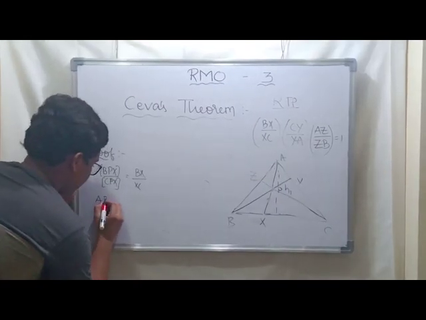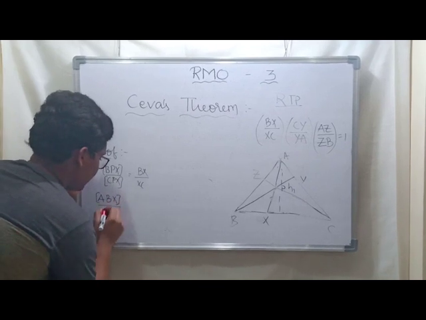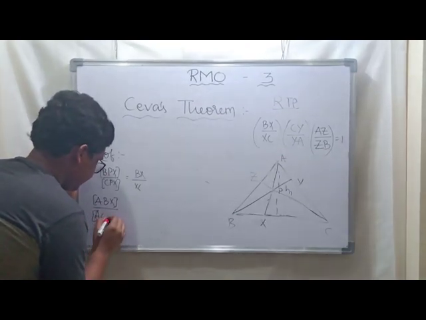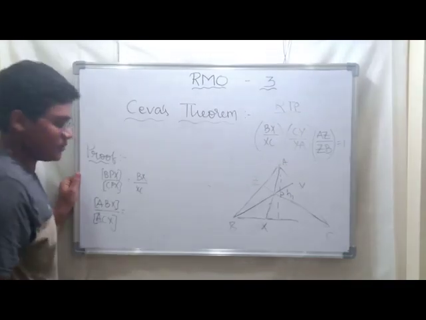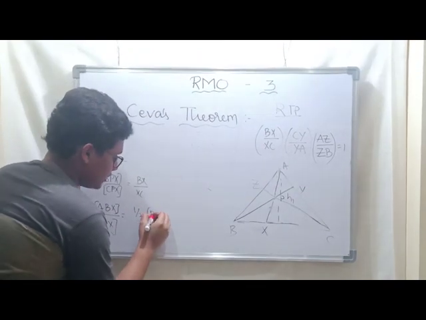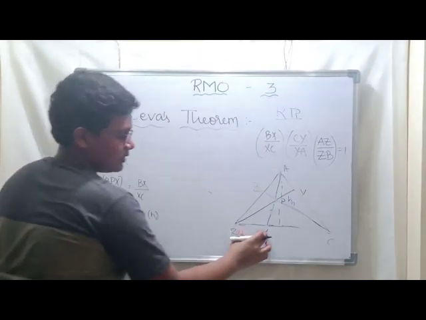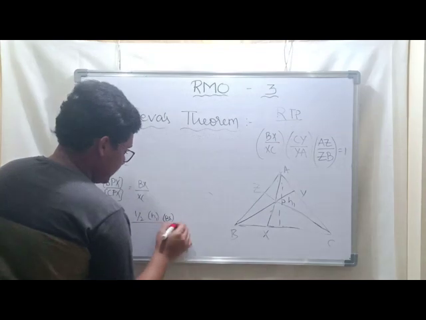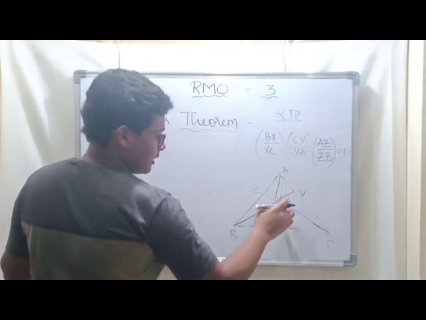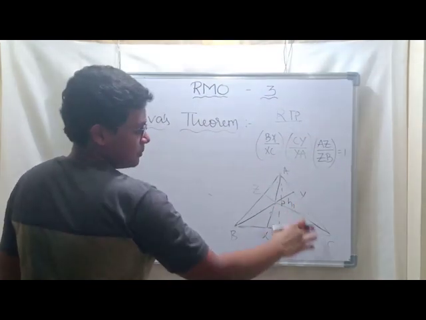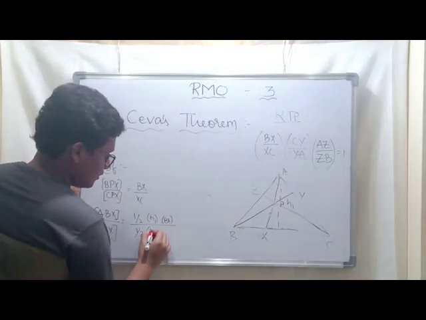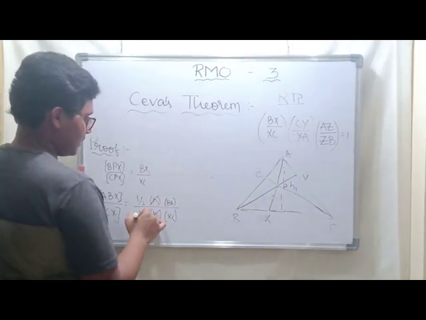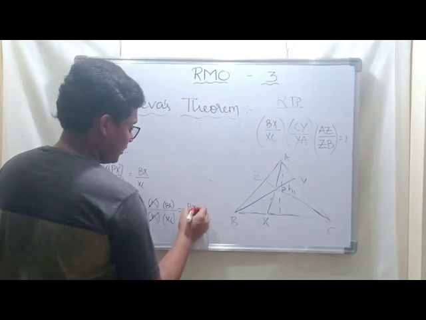Area of triangle ABX by area of triangle ACX is equal to half H1 into BX, the same base BX, and for area of triangle ACX, the base is CX and the height is H1, the same height. So that is XC. These two will get cancelled and it is equal to BX by XC.